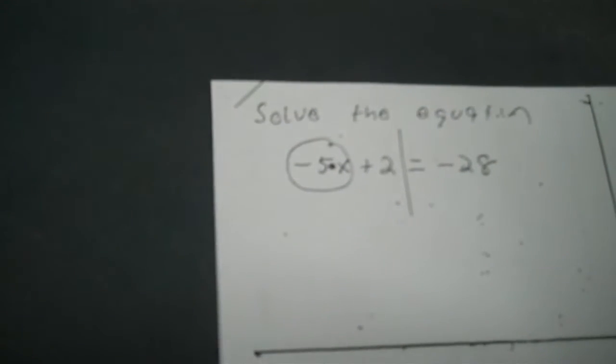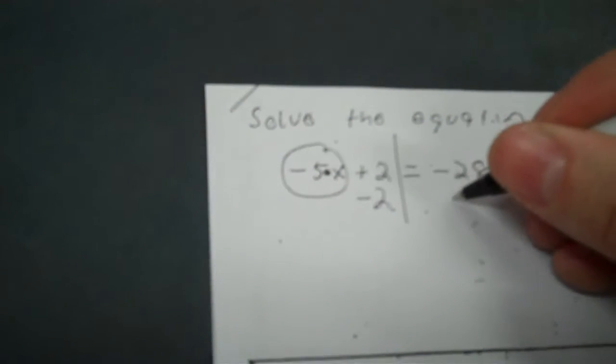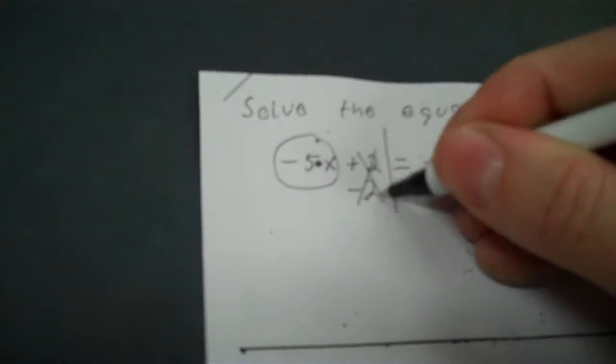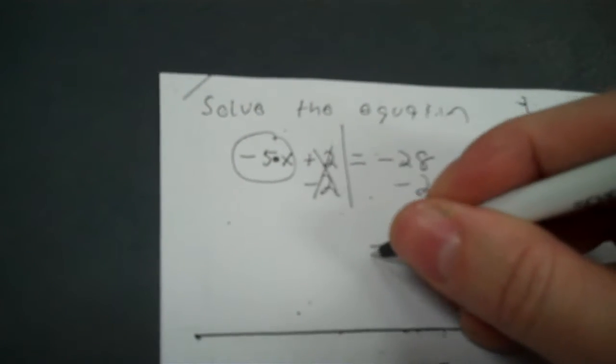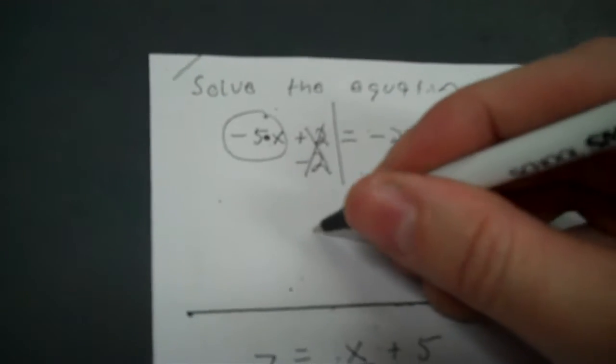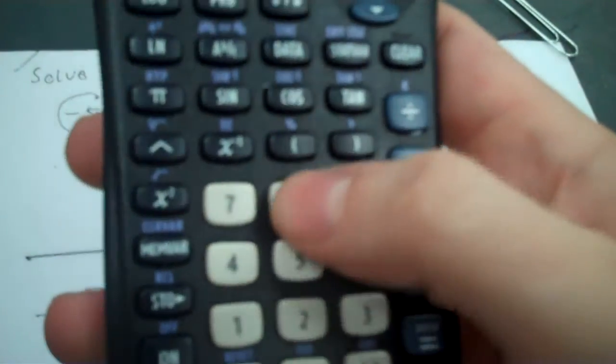Okay, don't do anything with that. Make your wall. So I have minus 2, minus 2. So 2 minus 2 is 0. Line up your equals, and over here you got negative 5 times x. And then remember, 28 is negative, so I go negative 28 minus 2 to get negative 30.